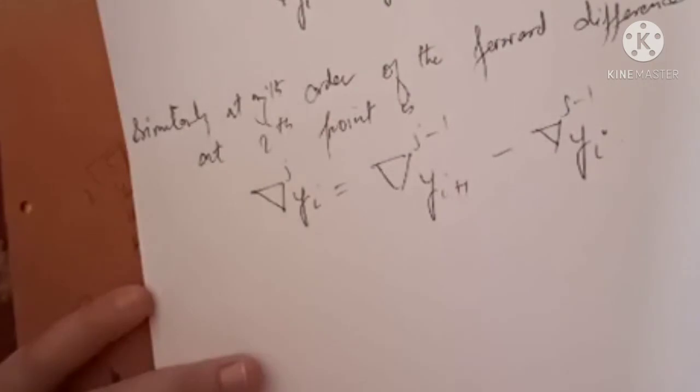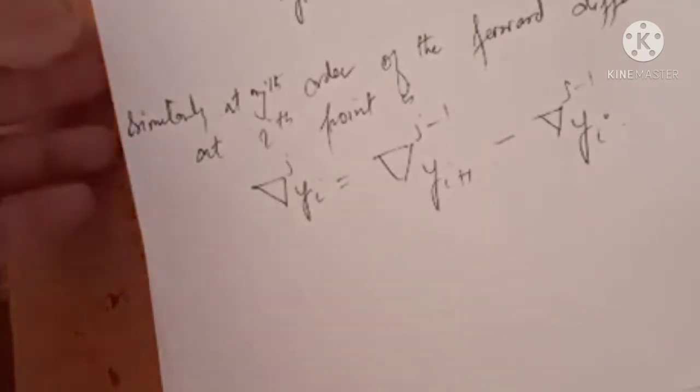So this is what the backward difference is all about. It is similar, with the difference in the operator and the difference in the construction of the table.